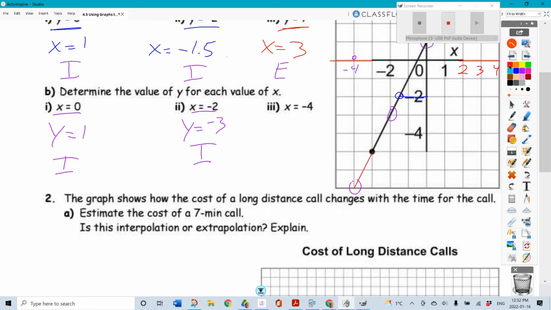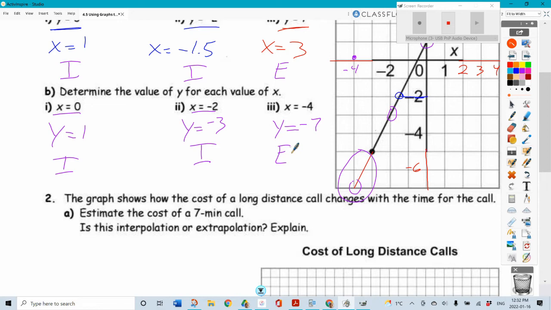So let's extend it now. I'm going to put -6 right here. So it looks like when x is -4, y is equal to -7. So y equals -7. And again, this is outside of the information I already knew, so it's extrapolation.